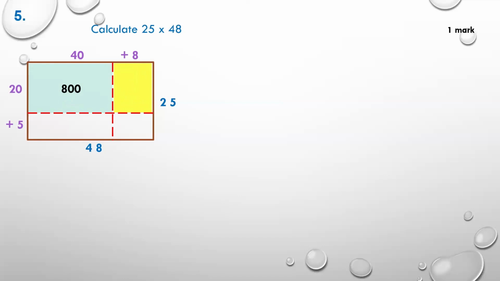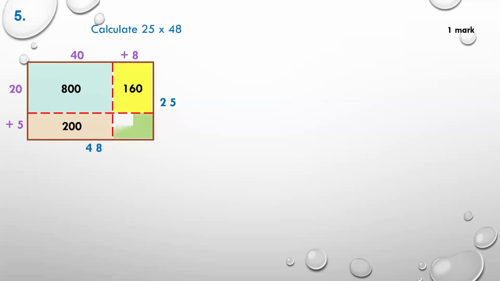That's not 25, that's 20 by 8. 8 2s are 16, and we have a 0. So 160. Let's look at the one in brown. What are the dimensions of that? If we're finding the area of each part, length times breadth. Many teachers do it this way. Then 5 4s are 20, and we add a 0. So it's 200.